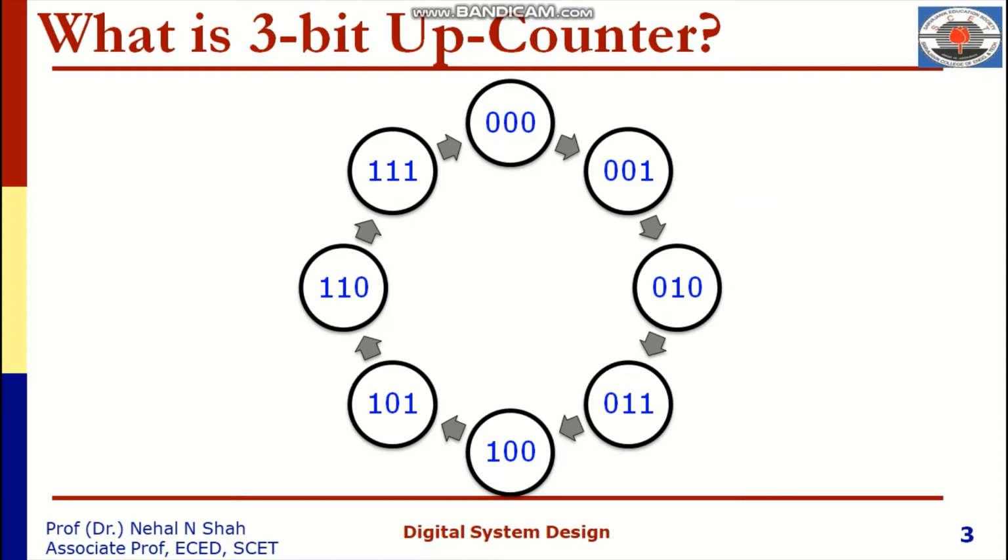Then it will move to 0, 0, 1, 0, 1, 0, 0, 1, 1, 1, 0, 0 in upward direction. It will reach 1, 1, 1 and then it rolls over. Rolls over means from the highest state it will again go back to the minimum state, that is 0, 0, 0. So this way the counter will run continuously.